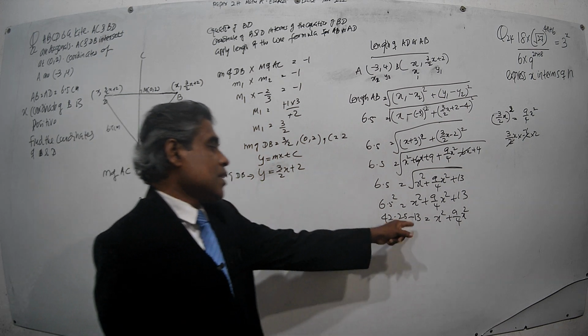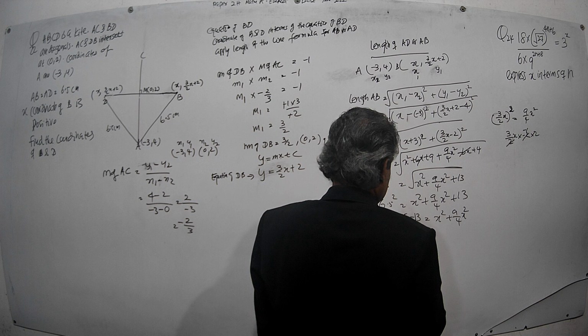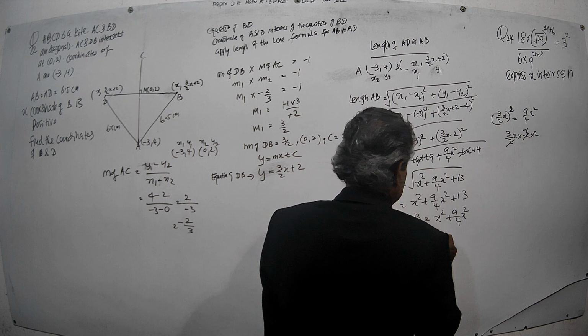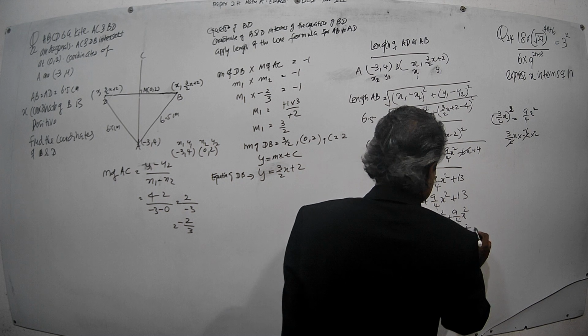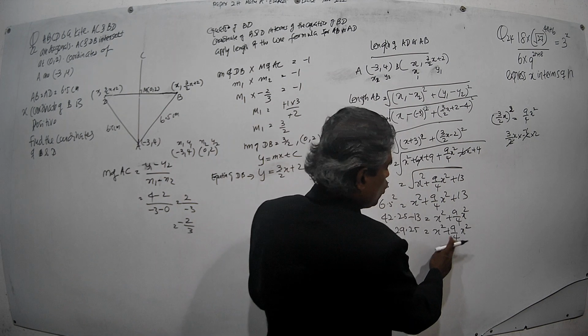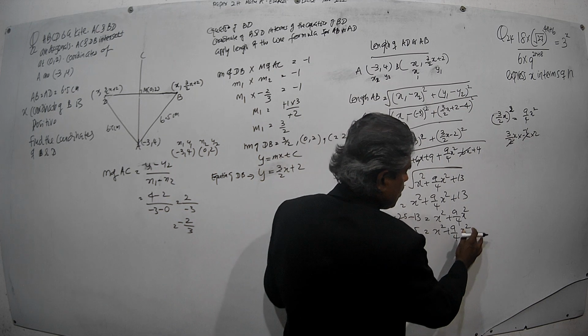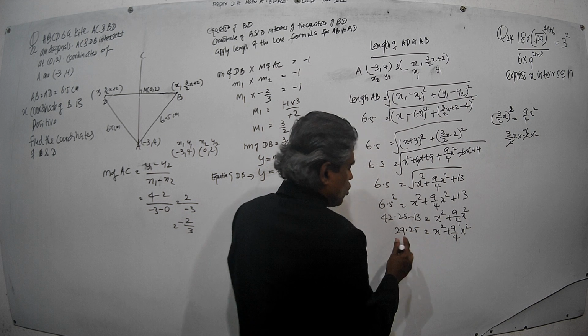Then deduct this 13 from 42.25, it will be 29.25 equals x squared plus 9 over 4 x squared. Now to remove this denominator, you multiply both sides by 4. Multiply this by 4, this 4 cancels. Multiply this by 4, then it will be 4x squared. Multiply this also by 4.